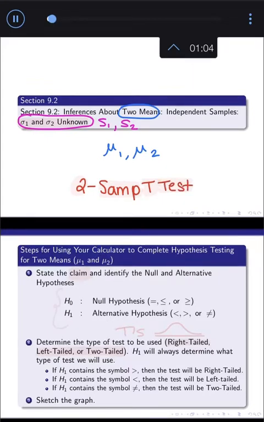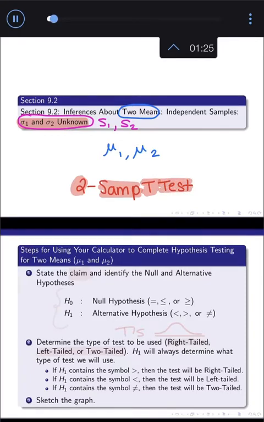And again, the two is to tell you that we're dealing with two samples. The samp is short for sample, and we're using T's instead of Z's because we do not have sigma, we have S. And we're going to look at, like I said, hypothesis testing first.